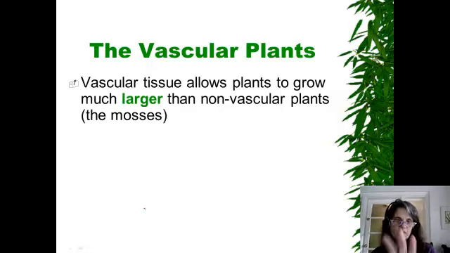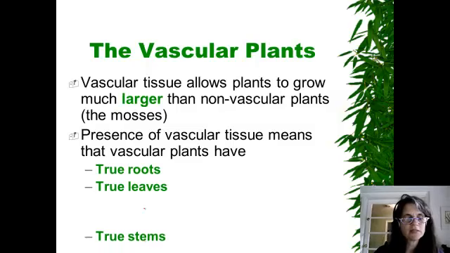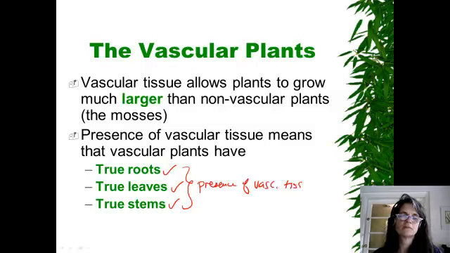Remember, vascular plants allow plants to grow way bigger than if you don't have vascular tissue. And it also means the plants that have vascular tissue, we are now going to say that they have true roots, true leaves, and true stems, because this all implies the presence of vascular tissue.